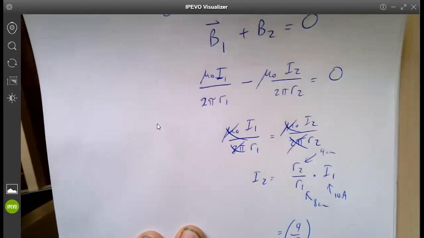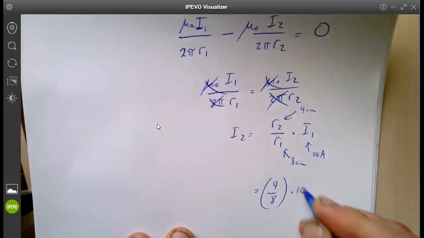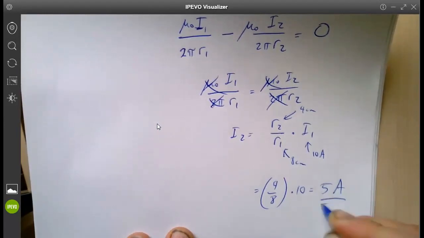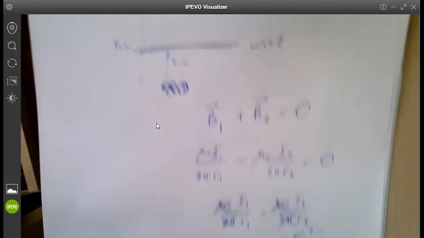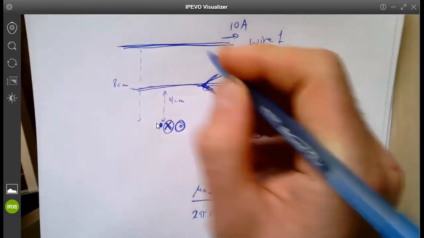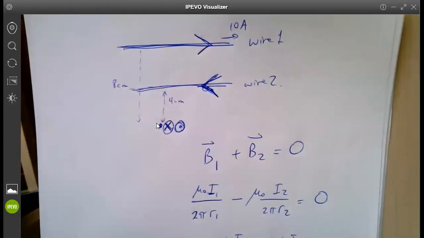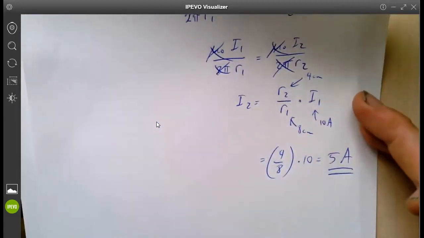Notice how I didn't worry about putting it into SI units because it was a ratio of two numbers. And that is going to be pointed in the opposite direction. So the current needs to be pointed this way if the current is pointed this way for wire number 1. I'll just go back here real quick, just so you can see that.